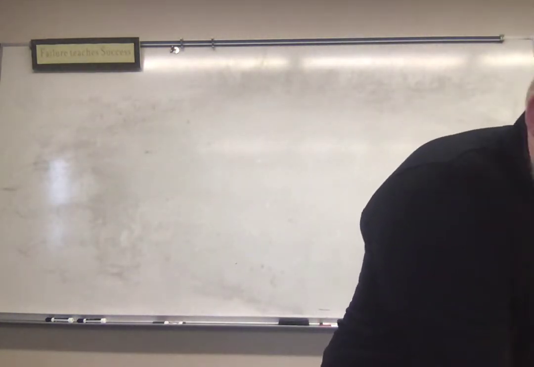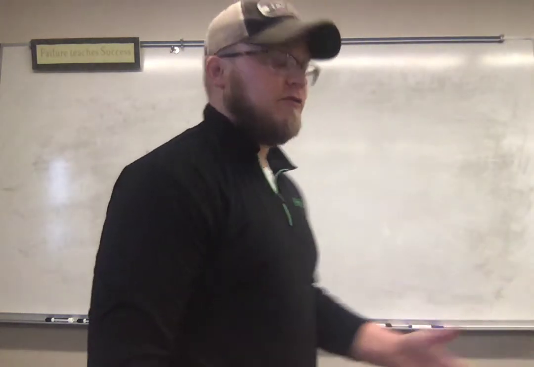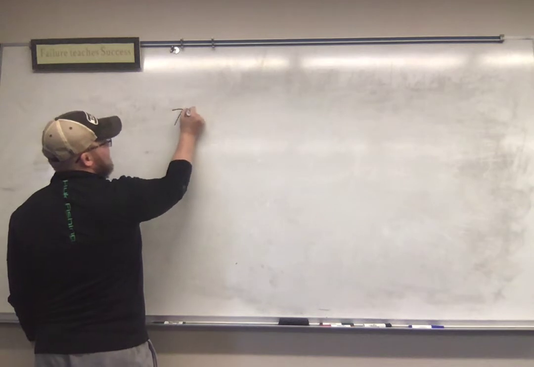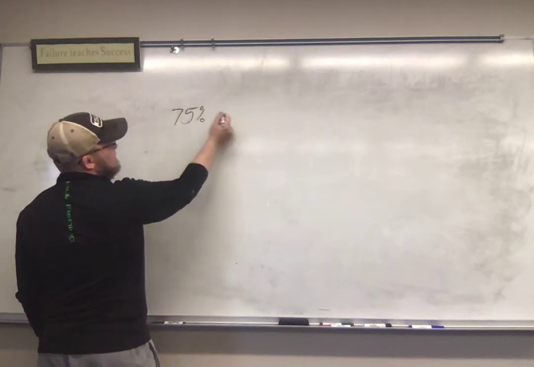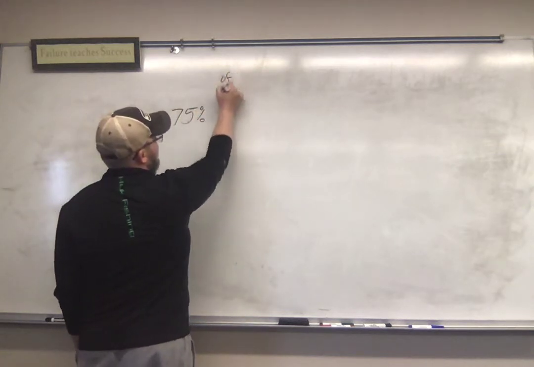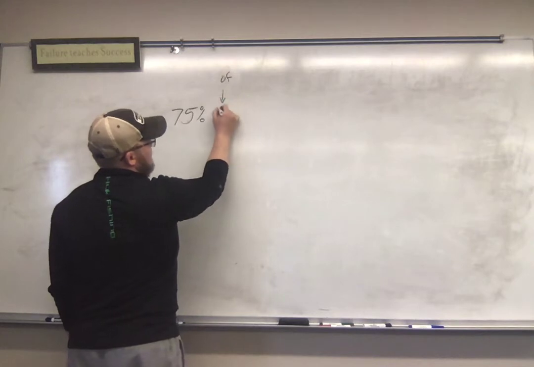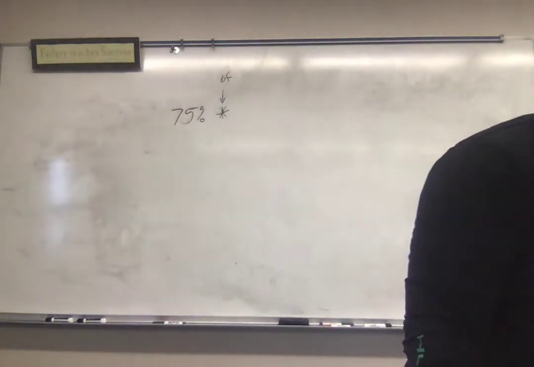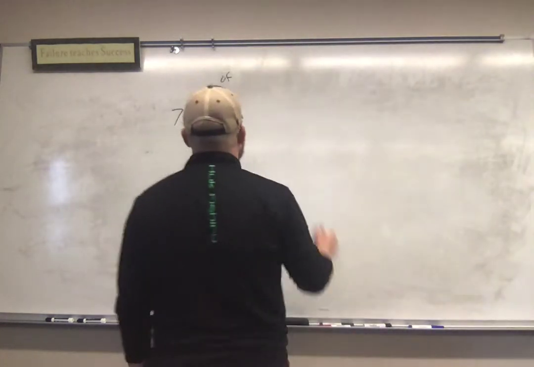Okay, we're going to go to example 3. This one says 75% of, so let's start it out like that. Let's make sure we write that. I'm going to write 75% of, number of means times, okay? 75% of what number? I'll write WN.